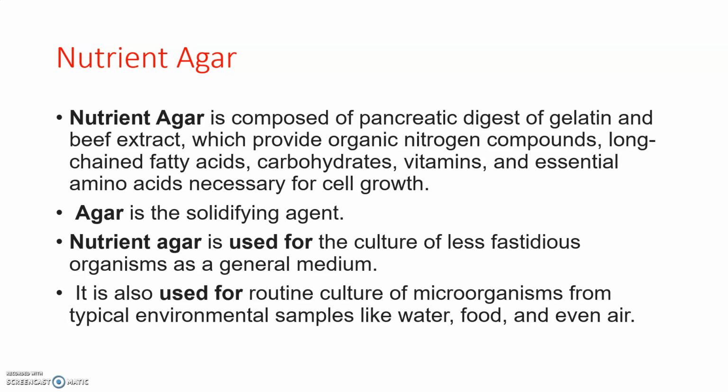And also agar; the main ingredient in nutrient agar is agar, which is added to solidify the media. Nutrient agar is used for the culture of less fastidious organisms as a general media.